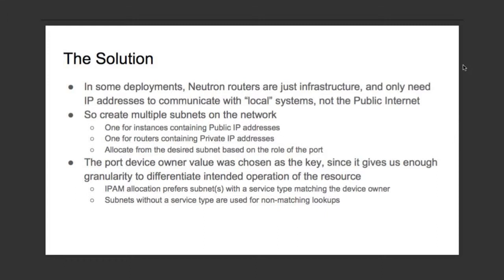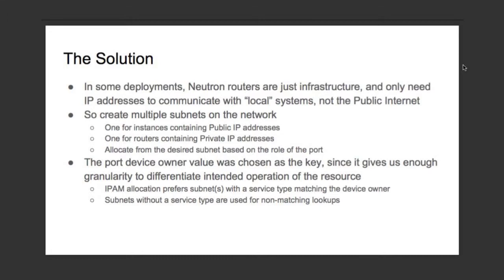So the solution with subnet service types is that in many deployments, your Neutron routers don't necessarily themselves need to have a publicly addressable IP. The floating IPs that you create for your compute resources do, but the router itself probably only needs to be able to talk to local systems.